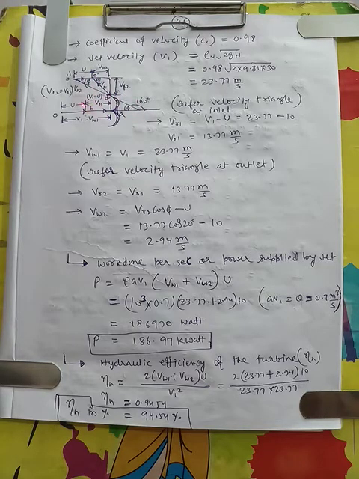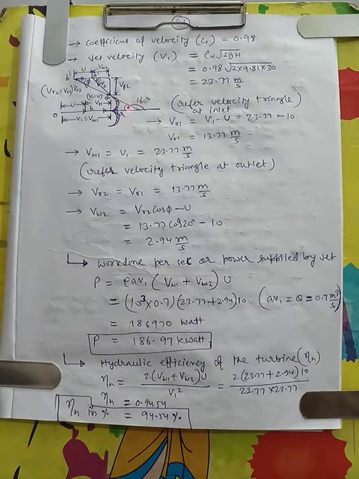So angle of deflection means the angle between this relative velocity and this relative velocity, this 160 degree. This is the angle of deflection. Now this is phi, and because this line and this line are parallel, this will be also phi, and this total is 180 degree.